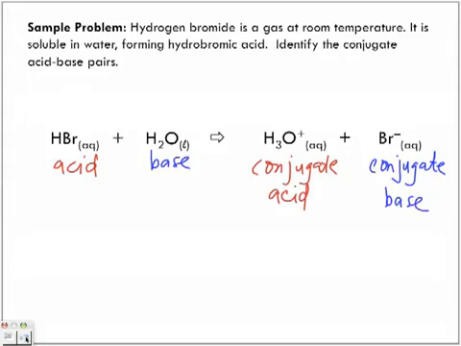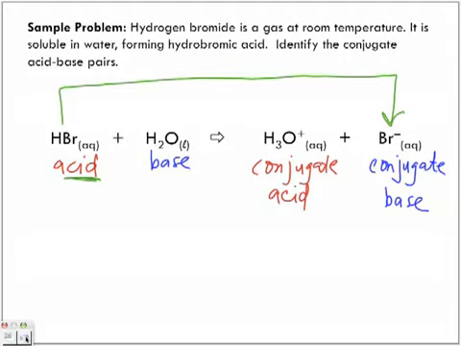So if we're looking at something called the conjugate acid-base pair, we're always looking at it as the acid has a conjugate base. So we take acid and think of it this way: acid linked with the conjugate base. So this is what we call the conjugate acid-base pair.